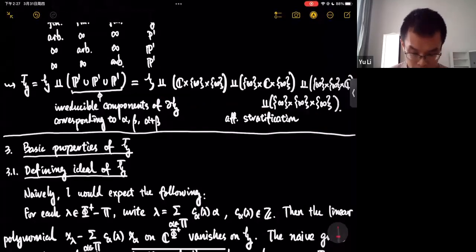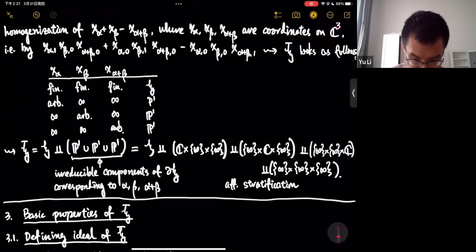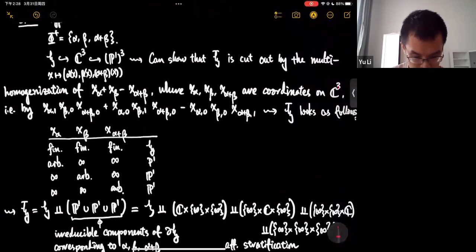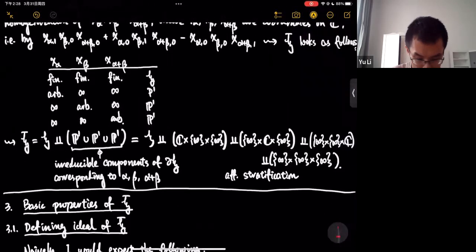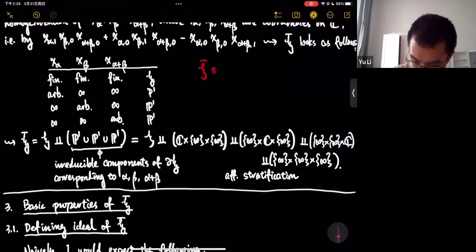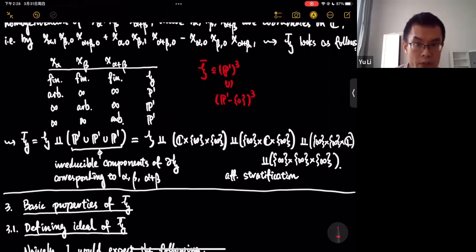In this example, this answers the question by Eckhart. Our H bar sits inside P1 to the 3rd power, and inside P1 to the 3rd power we have this chart, P1 minus 0, to the 3rd power. I usually call this the infinite chart.